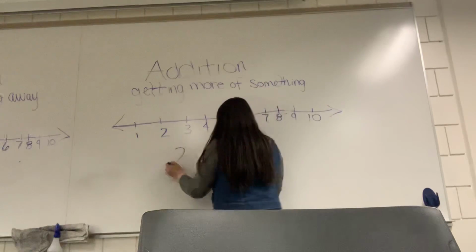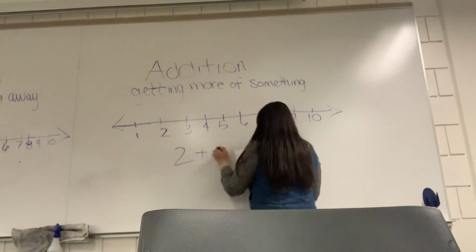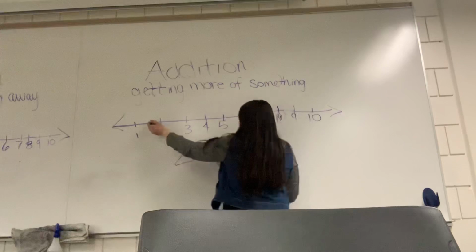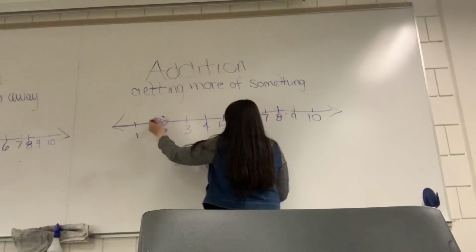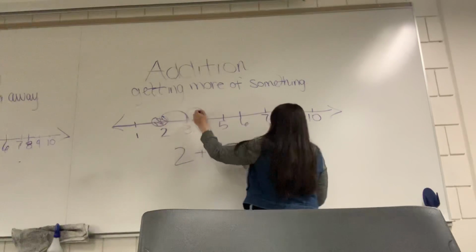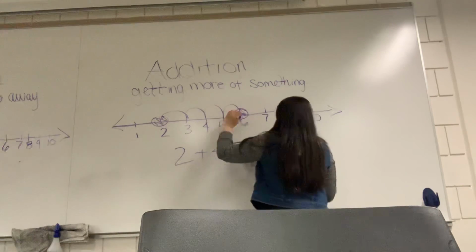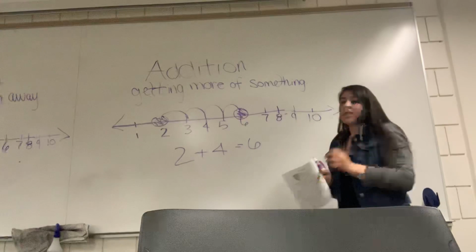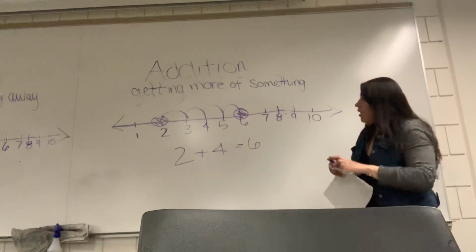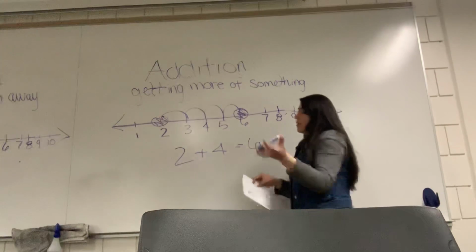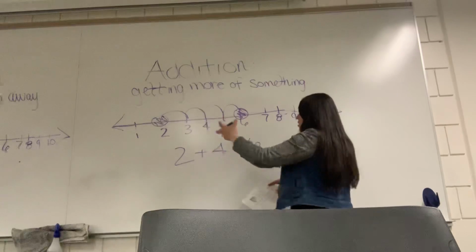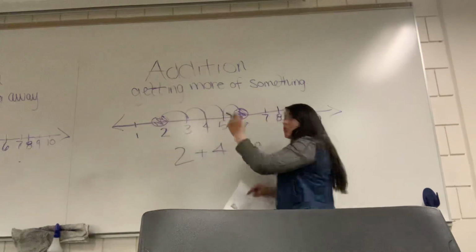Let's do 2 plus 4 here. Same, start at 2, shade it in, jump 1, 2, 3, 4. Land on 6. And I'll also be checking in with the students to see what they're getting. Okay, so start at 2, how much are we jumping, kids?